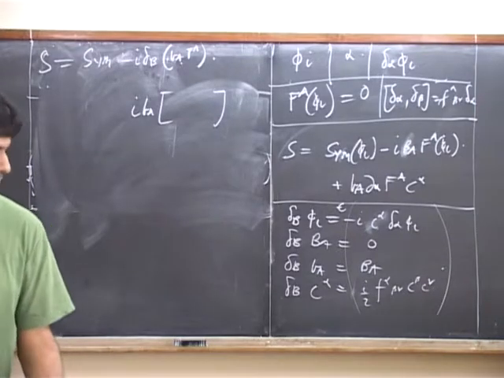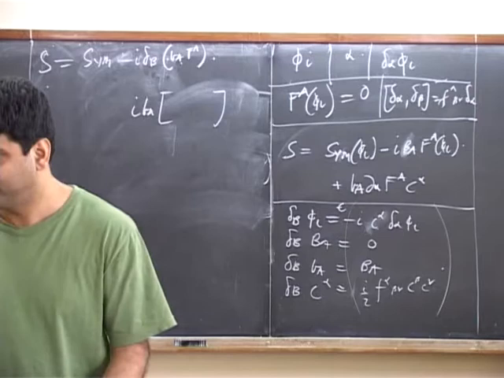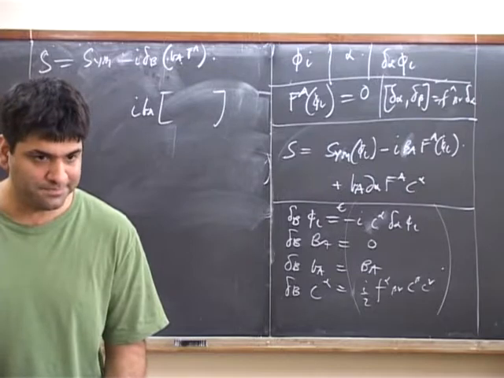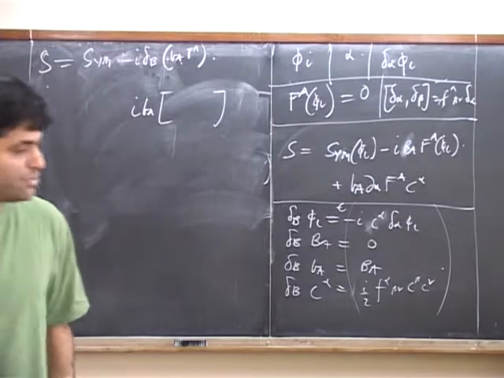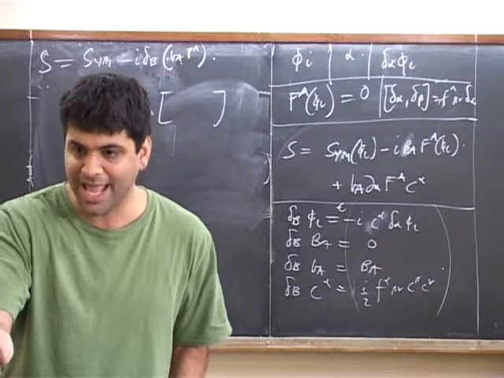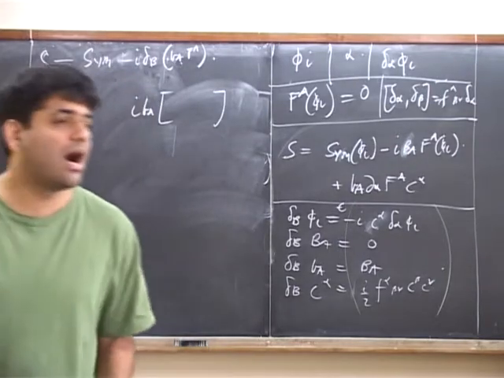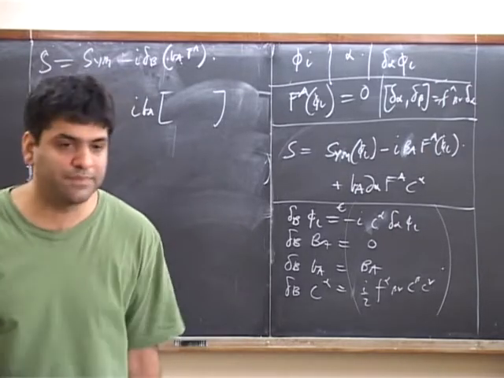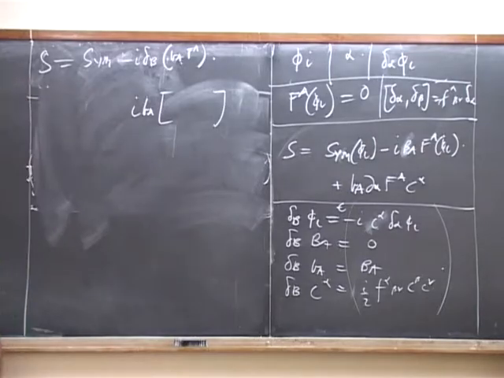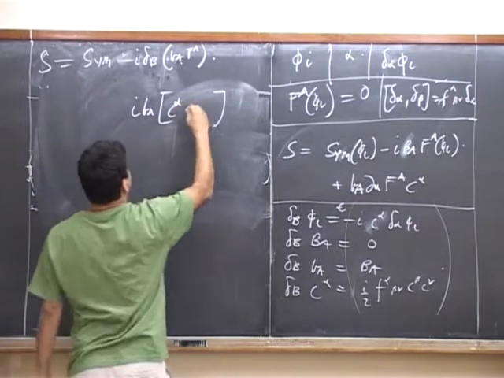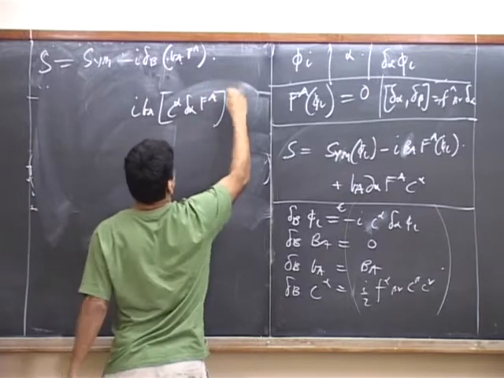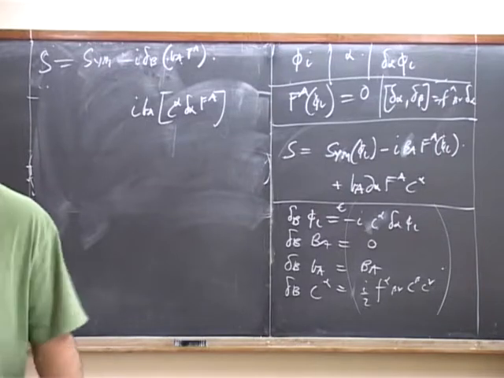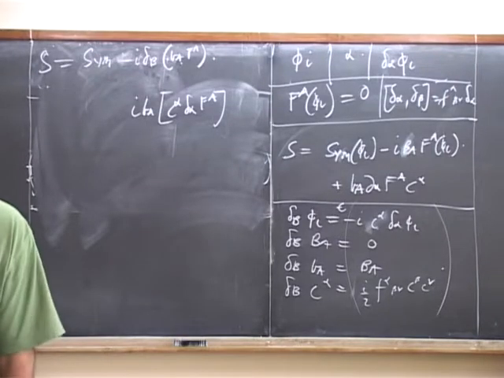Formally, the variation of any function of phi I's under a BRST transformation is the same as the variation of that function under the gauge transformation generated by C alpha, whose infinitesimal parameter is C alpha. So this thing is the same as C alpha times delta alpha, because by definition delta alpha was the change of the quantity under the gauge transformation.